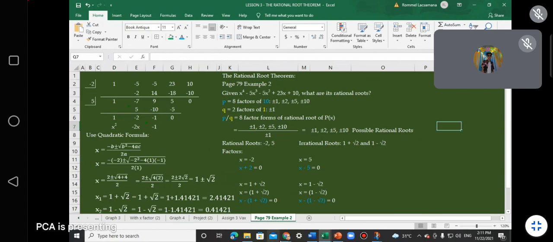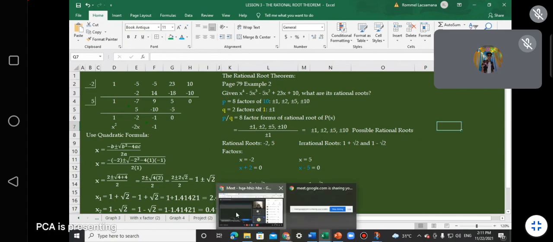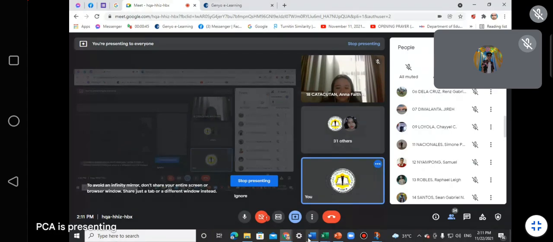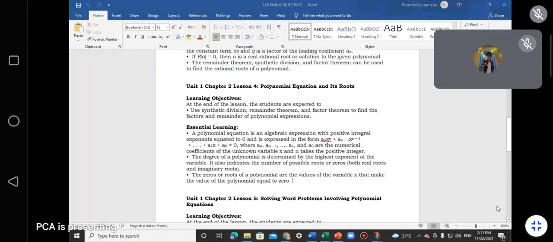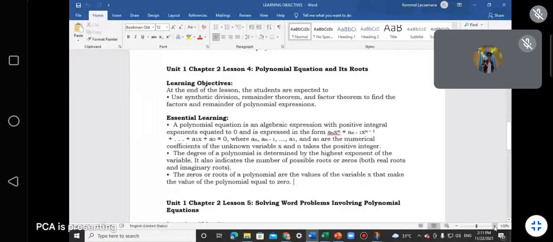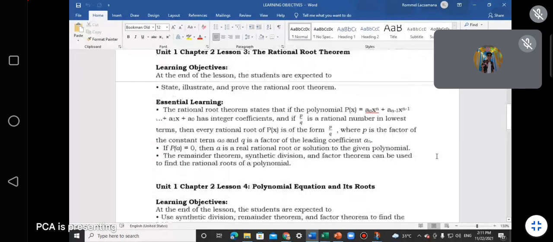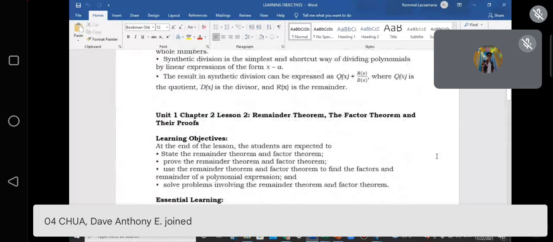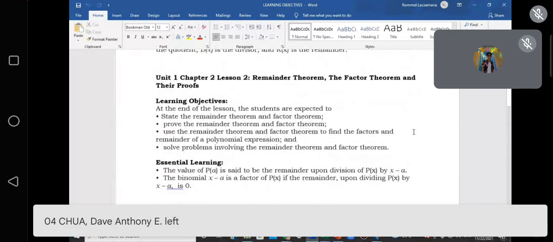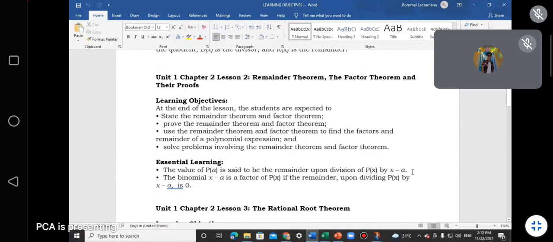Okay, 2:11 already. So remember, this one is your learning objectives now. What matters is that for 2 and 3, the factor theorem, there is an x minus a divisor. Remember, x minus a is giving you the value of x, because that might be the root, and then you can test that in the remainder and factor theorem.